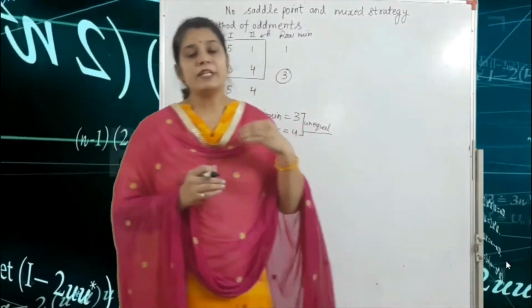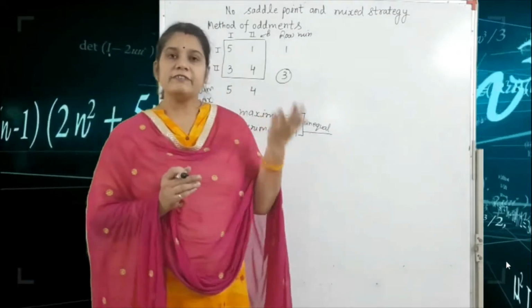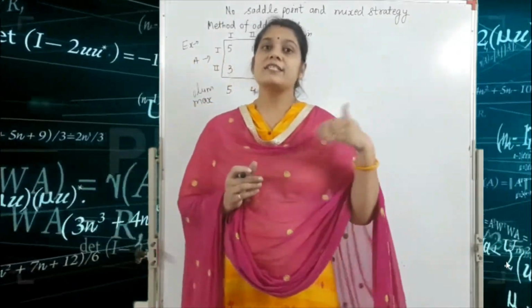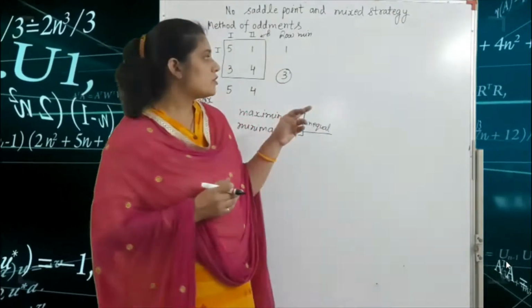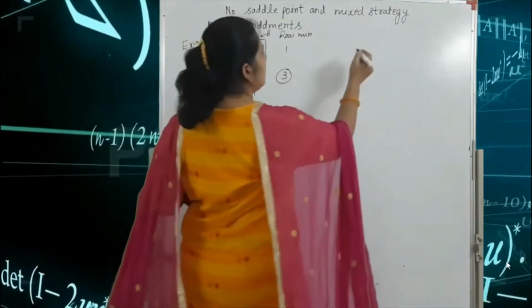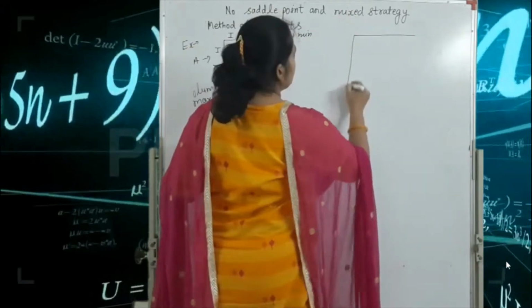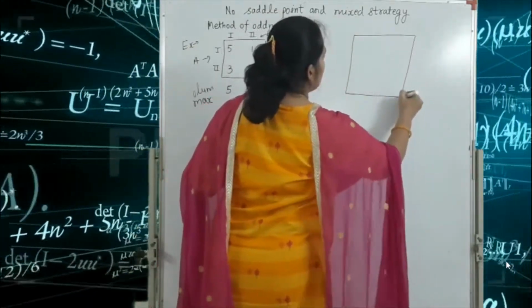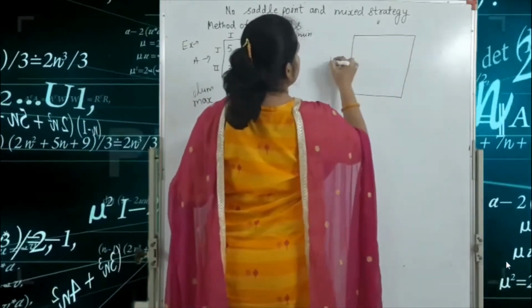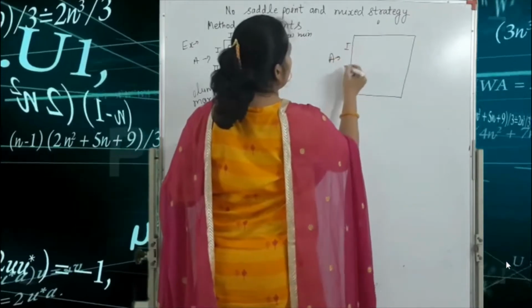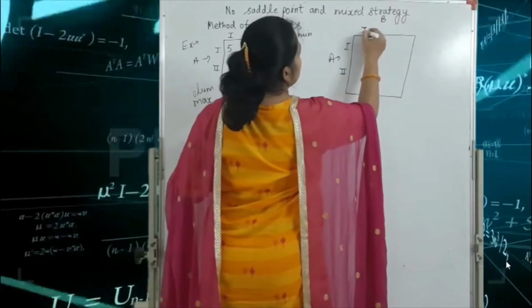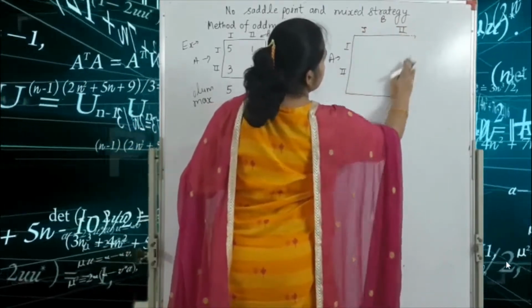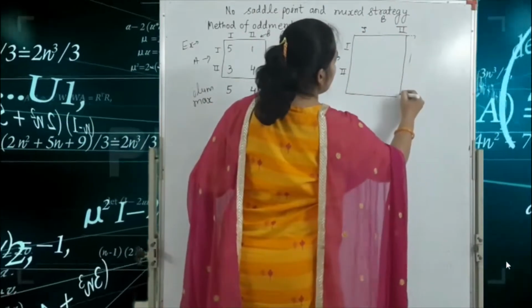So if our question has no saddle point, what is the process for finding the value of the game? Here we write our question again. Player A strategy 1 and 2, and player B strategy 1 and strategy 2.